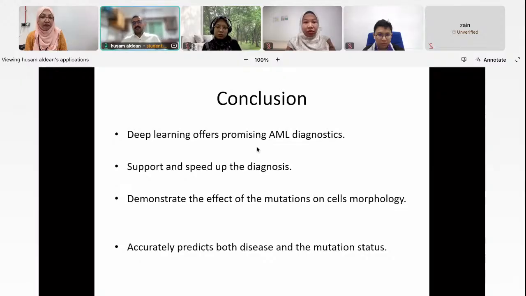In conclusion, deep learning offers promising AML diagnostics and helps speed up the diagnosis of AML. This model demonstrates the effect of the mutations on cell morphology and predicts accurately both the disease and the mutation status of AML.